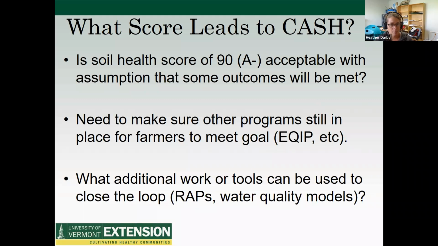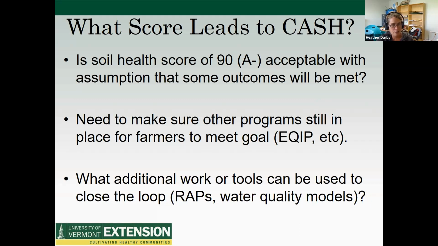And for anybody who's not doing that, there are programs already in place, and those programs would need to stay in place to help farmers achieve that score of 90, let's say. I just put that out there. I think it's actually a 70 for all indicators to be in the green. But we have to decide what is that acceptable score? And then we have to make sure that the other programs are still in place so that farmers that aren't there are able to make it there, okay?